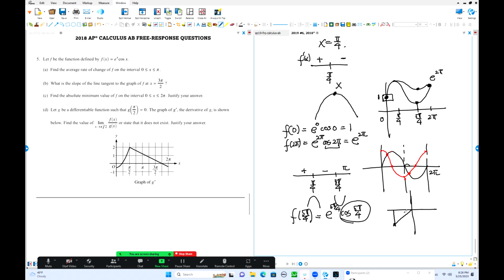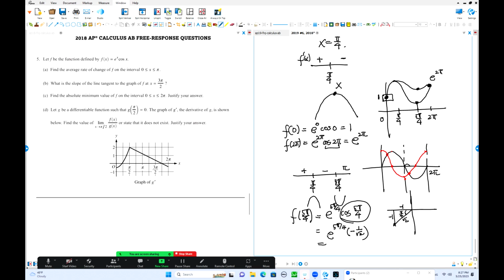That is a negative number, okay? The reference angle, this is root 2, this is negative 1, this is negative 1, okay? Cosine is negative 1 over square root 2, okay? So e to the 5 pi over 4 times negative 1 over square root 2.